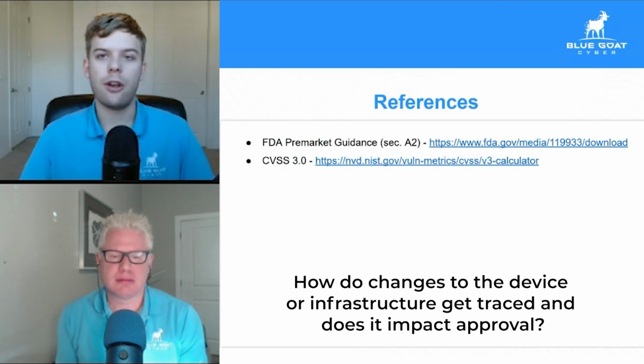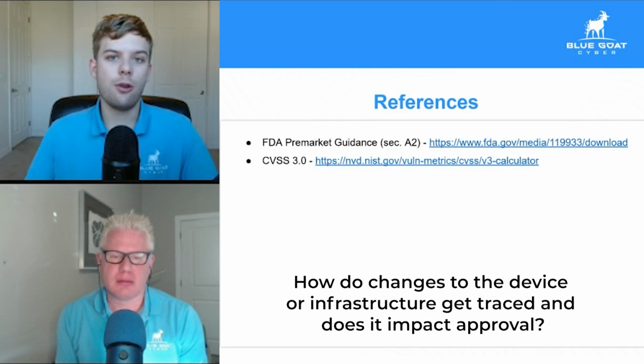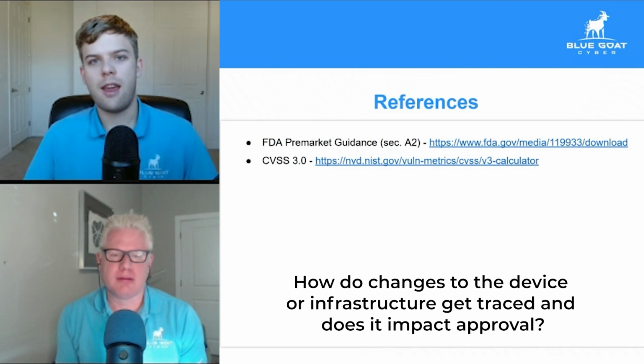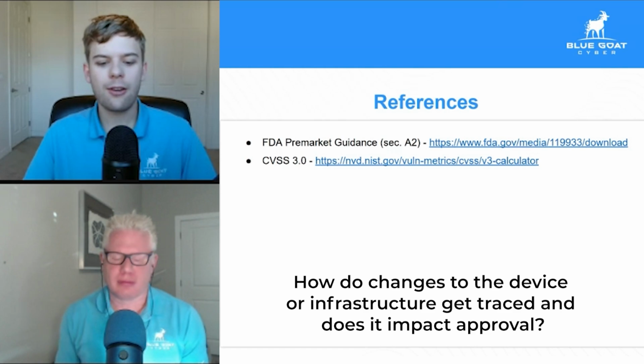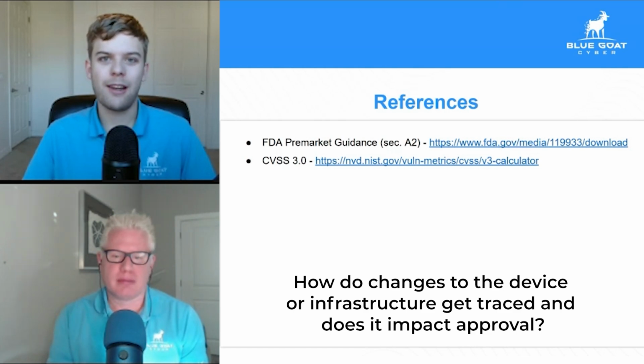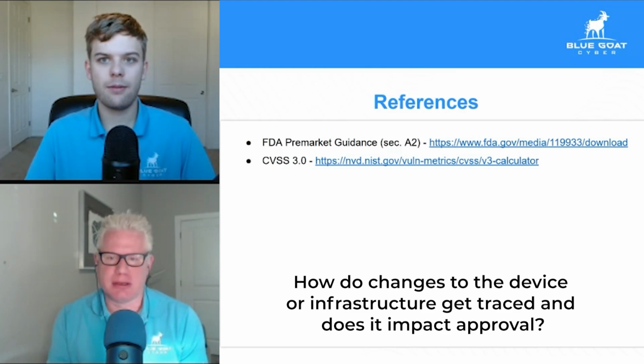That way you're explaining you have essentially a new device. It's doing new things. It has new functionality, and you need to make sure to cover that. I'm not sure if that was exactly what you were asking there, but that's in short what changes can affect the approval process. It has to be something that's a substantial or material change that introduces additional risk.